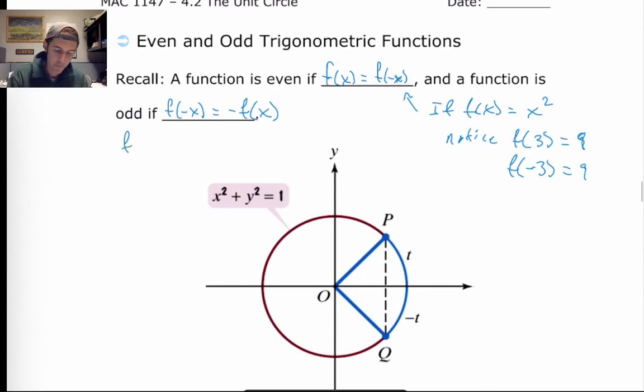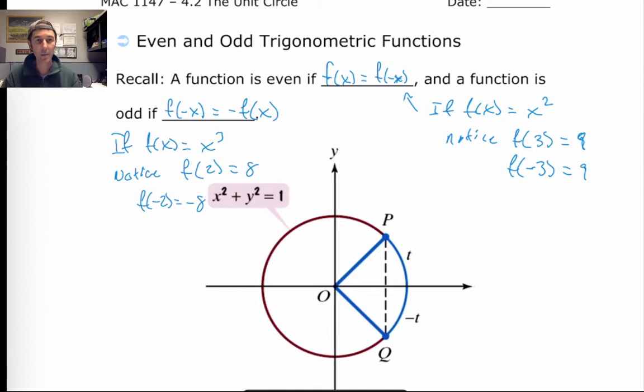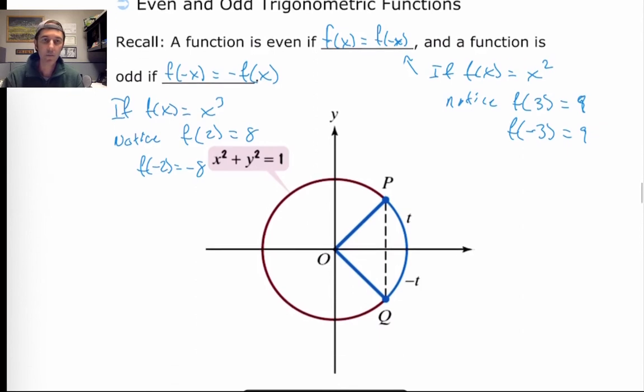For example, if f of x equals x to the third power, notice f of 2 is equal to 8, but f of negative 2 is equal to negative 8. If you negate the input, you get an opposite output value. The positive 8 became a negative 8. All right, so just some quick examples of even and odd functions.